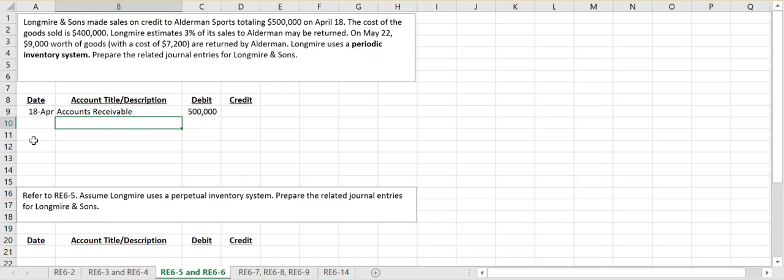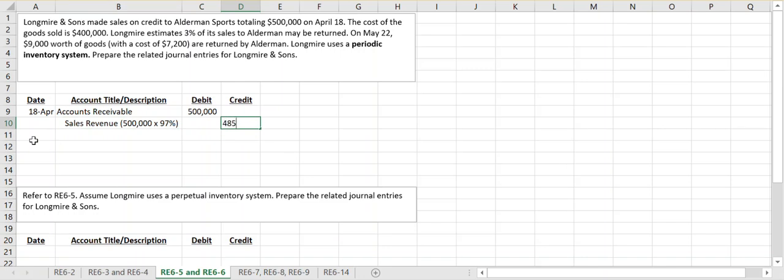So whether that's the history specifically with this customer or with our customers in general, the company is basing that on something. So that means we can only record sales revenue at 97% of the sales price because there's a possibility that 3% of that is going to come back to us.